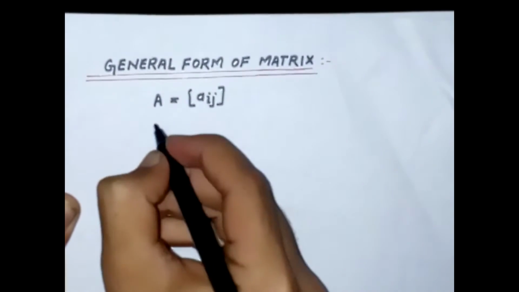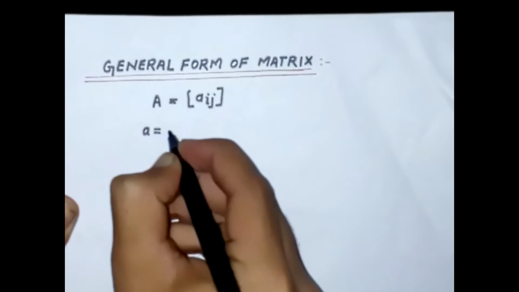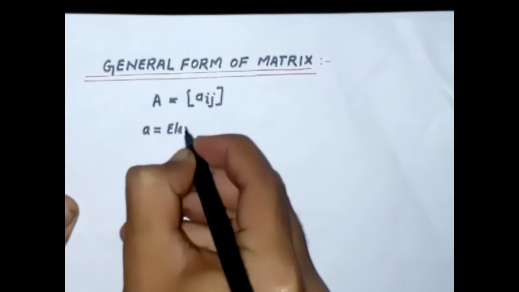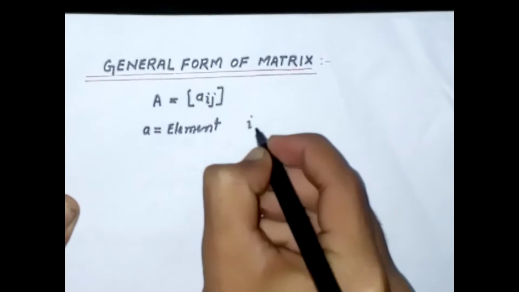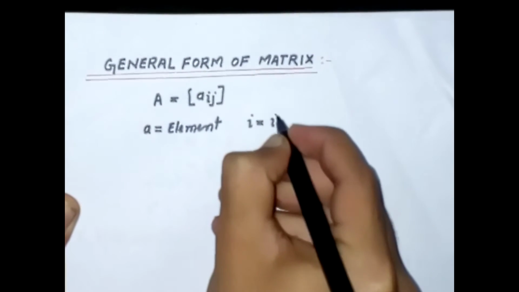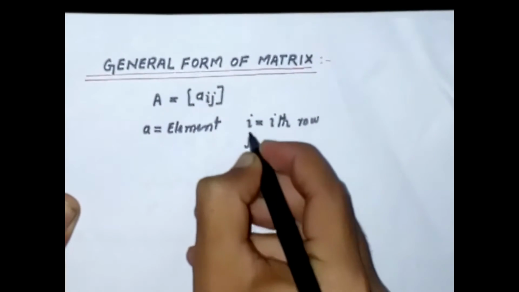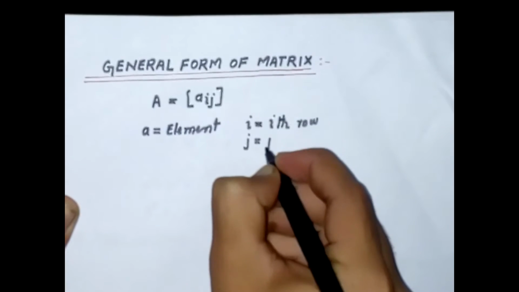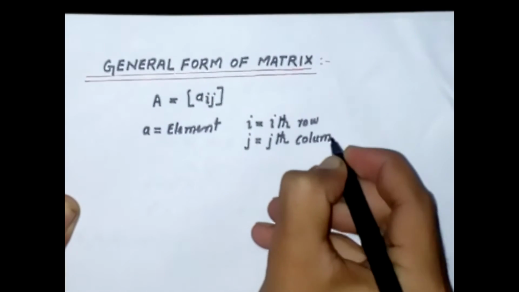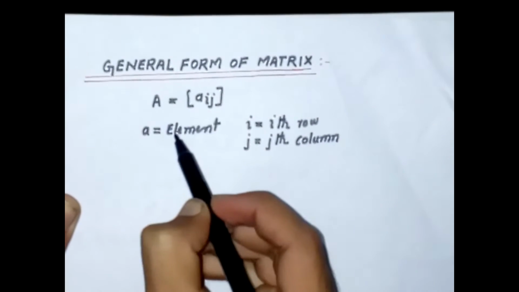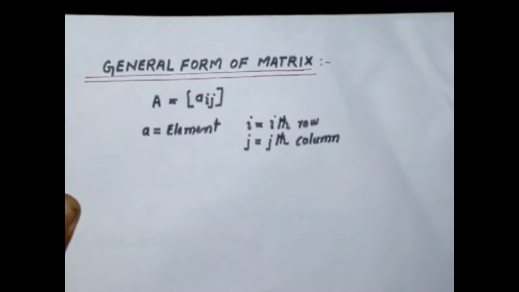In this matrix, a represents an element. a is an element of matrix A, and ij represents the position: i represents the ith row, j represents the jth column. So aij indicates the position of the number.